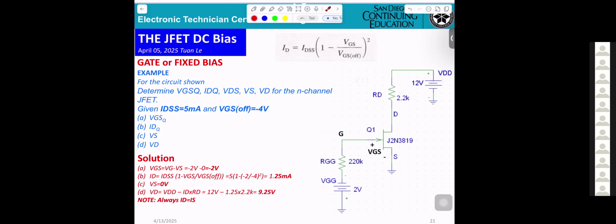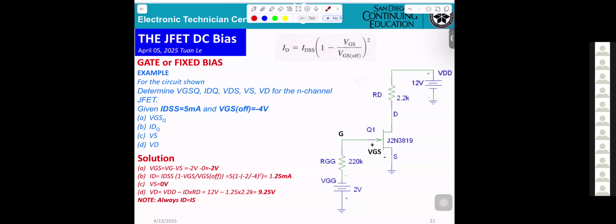To calculate VGS, it basically equals VG minus VS. VG equals minus 2 volts, and VS equals 0.